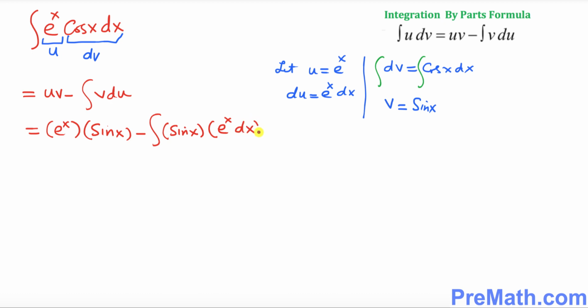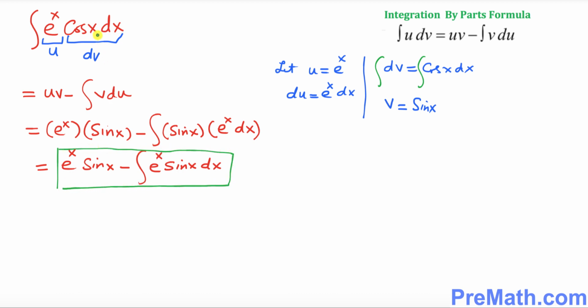So far so good. Let's further simplify it: e power x sine of x minus the integral of e power x first, and then sine of x dx. So this is the answer for this given integral.